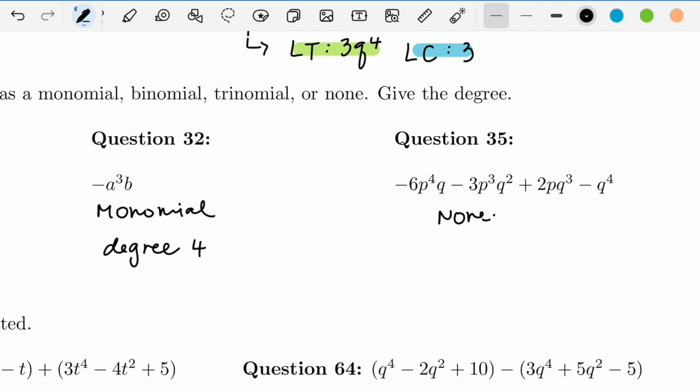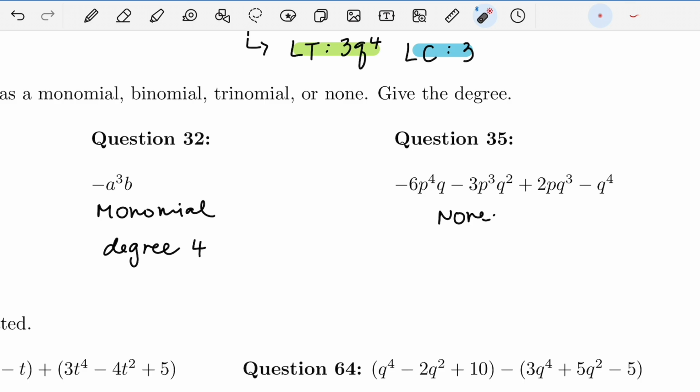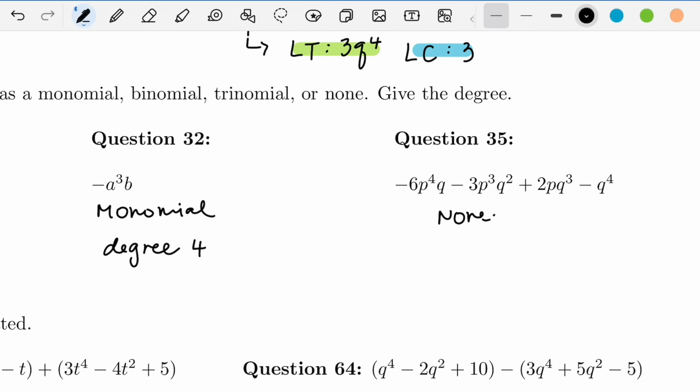First we have to find the leading term. As we can see, this is already written in descending order of its variables, p and q, and this is going to be our leading term. Now, we have p to the 4th power and q to the 1st power, so the degree is going to be the sum of those two. So the degree of this is going to be 5.